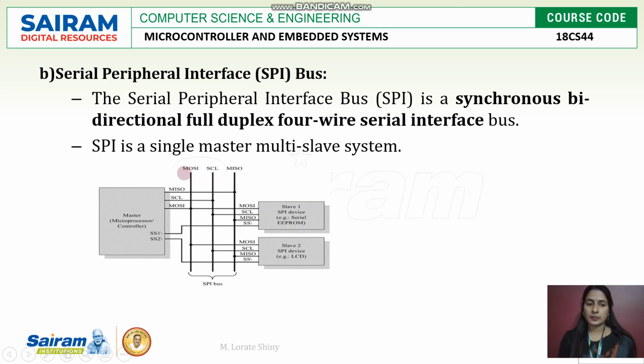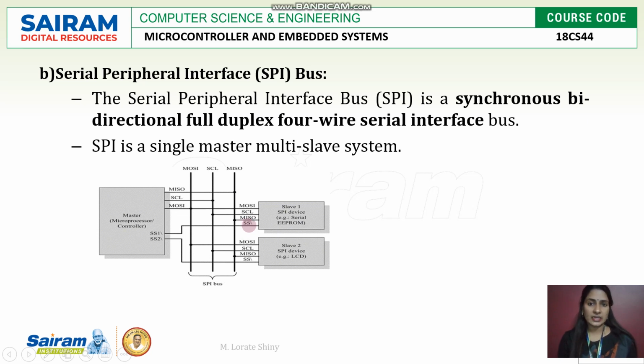MISO is master in slave out, and MOSI is master out slave in. SCL we have seen in the last one, it's the serial clock line. Then another one is SS, the slave select.